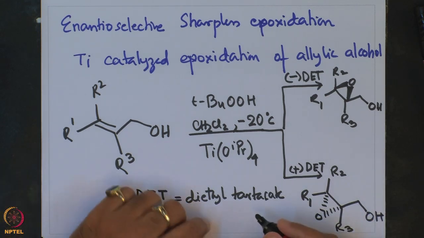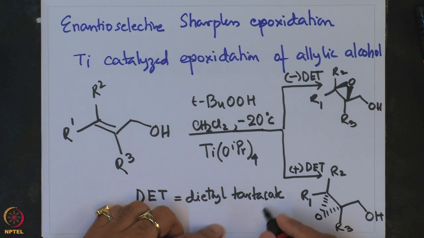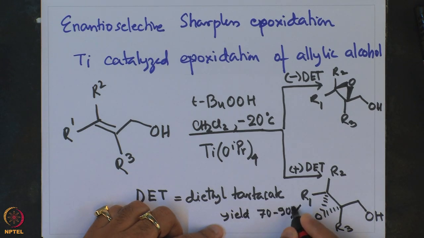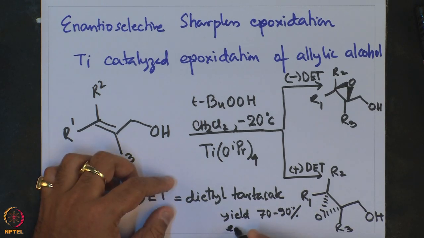The yields are extremely high, 70 to 90%, and enantioselectivity is more than 90%.